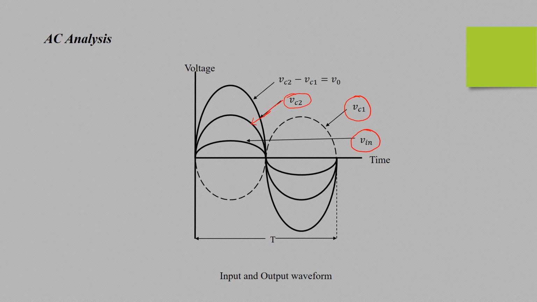The output V0 from collector 2 to 1 is Vc2 minus Vc1, and this gets added up because we take Vc2 as positive and Vc1 as negative, and this is in phase with the input.